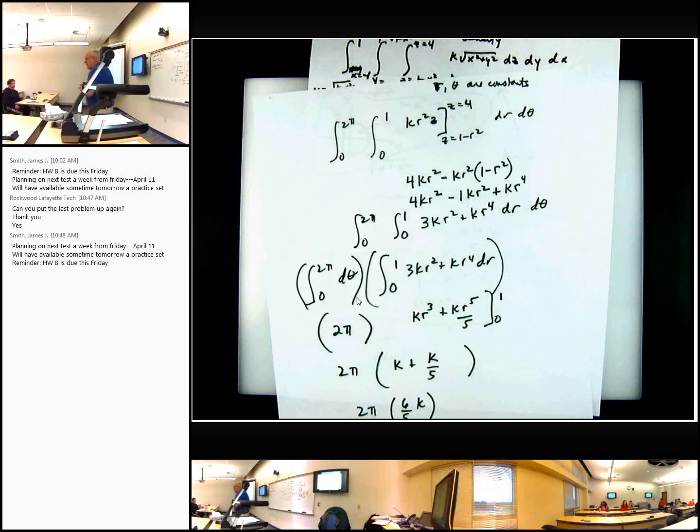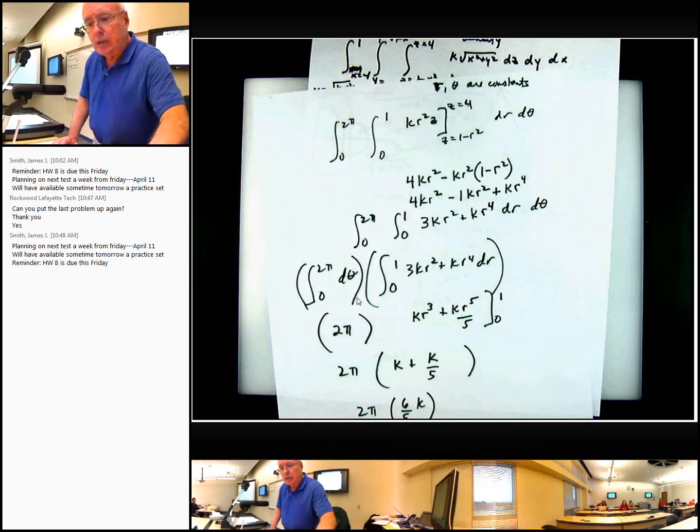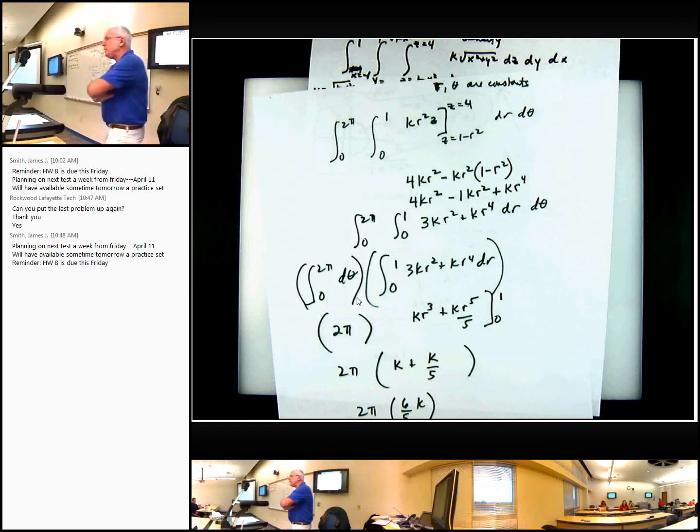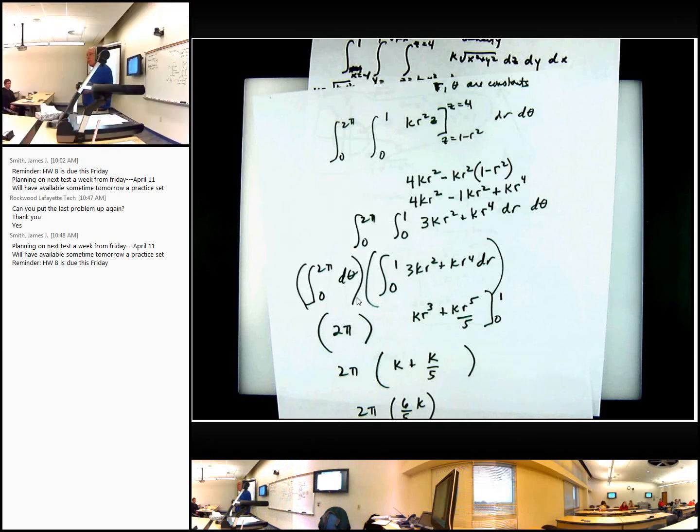The very last section then has to do with a Jacobian change of variables, and that can also be extremely tricky. I'm going to give you a homework problem with that as homework.